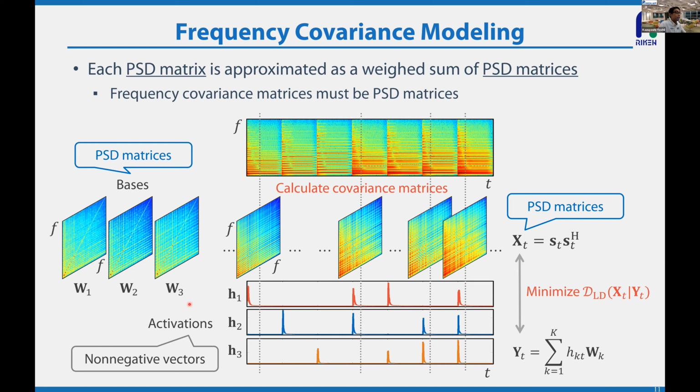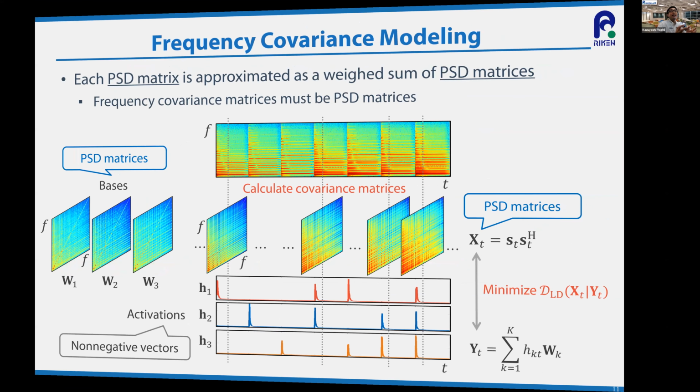However, the activation vectors are the same as those used for standard NMF. This means that there is no covariance structure in the time domain. So only the covariance structure in the frequency domain, the vertical axis, is considered in this modeling. So the question is how to deal with the time domain covariance structure.